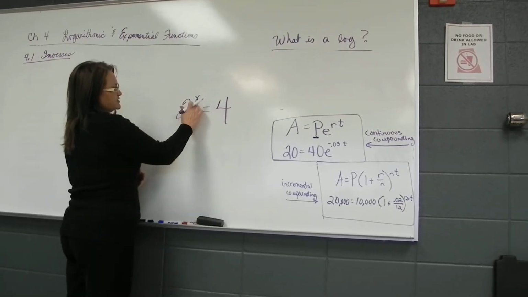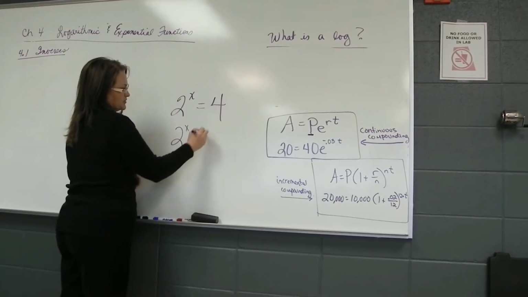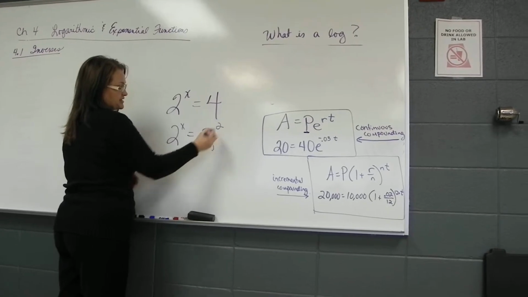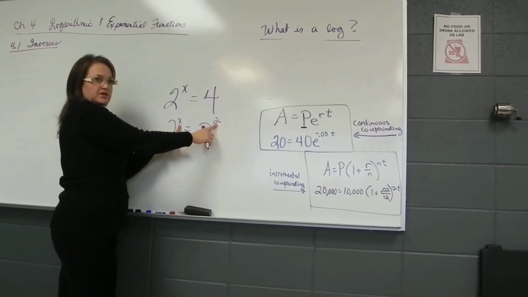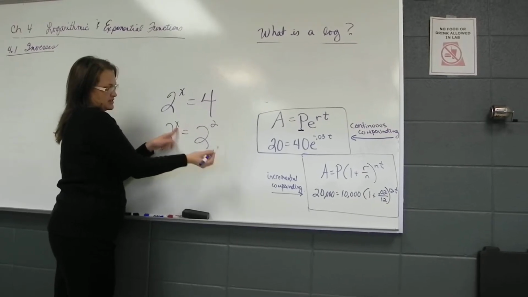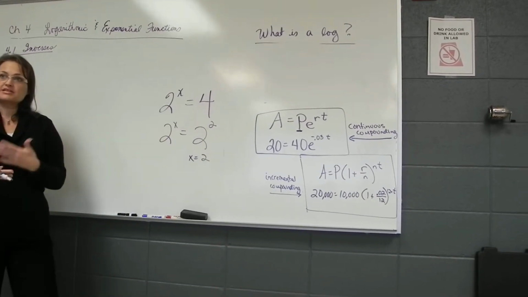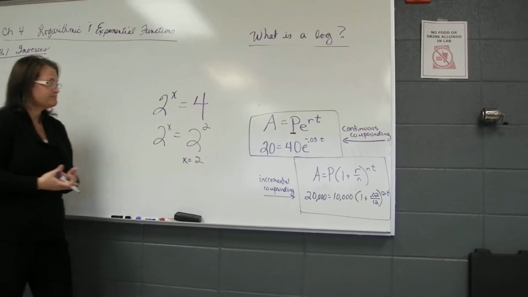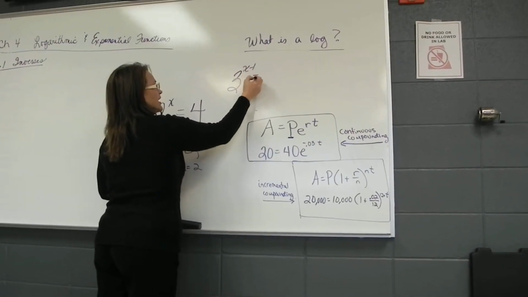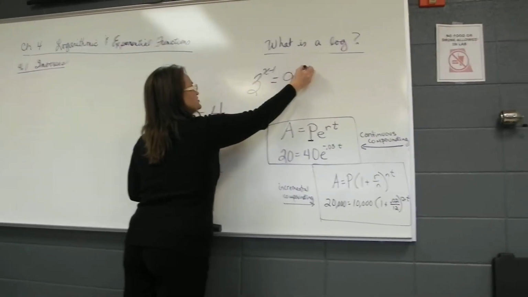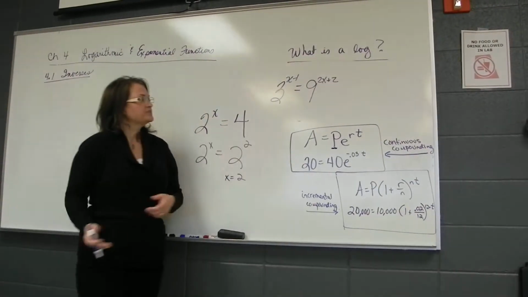So we would say 2 to what power, and I could call that 2 to the second. If you can make the bases the same, the exponents will be equal. So x actually equals 2. So you'll have some problems in your homework like that. Let's say we said 3 to the x minus 1 power equals 9 to the 2x plus 2.